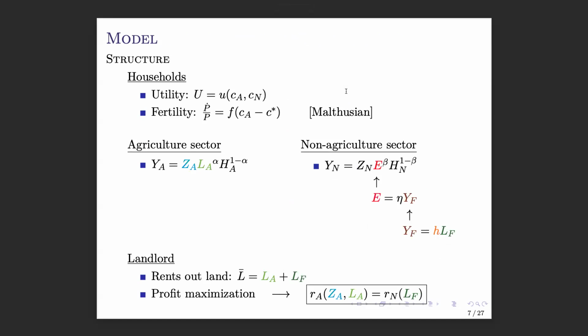Yes, this one. I was also thinking about the same question as John. Suppose that productivity doubles, and then as you said, ultimately the population doubles. Then there should be larger demand for the non-agricultural sector. So do you think that output of the non-agricultural sector also doubles or less than doubles?